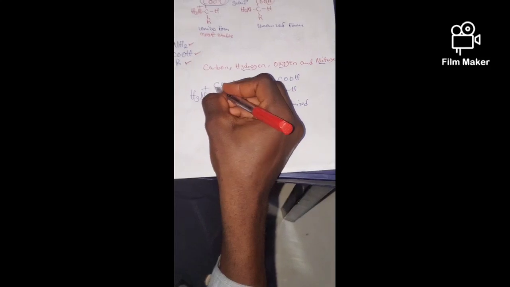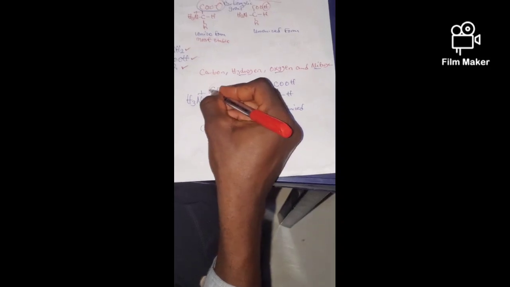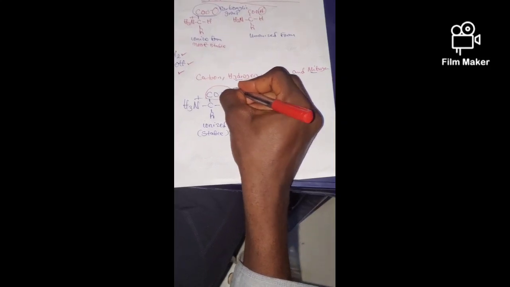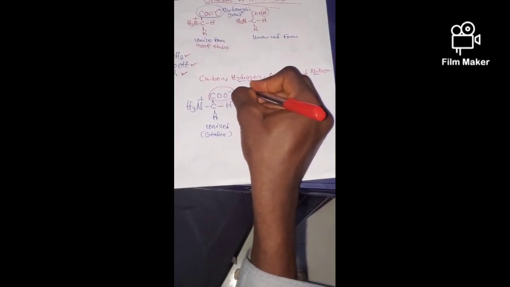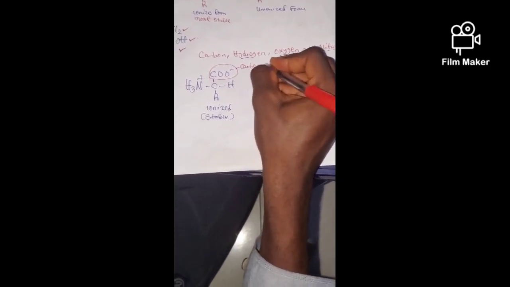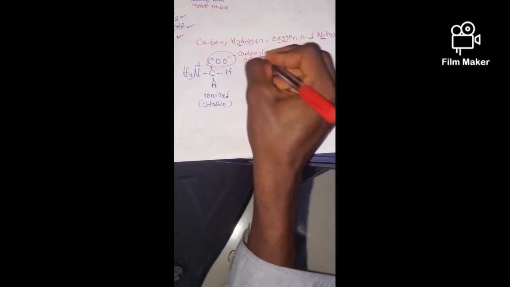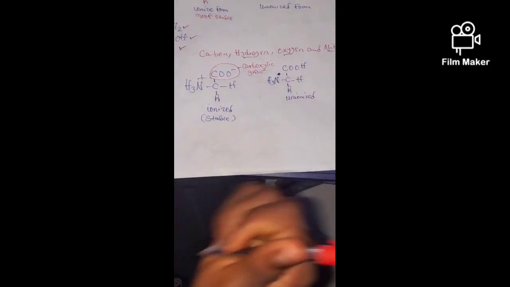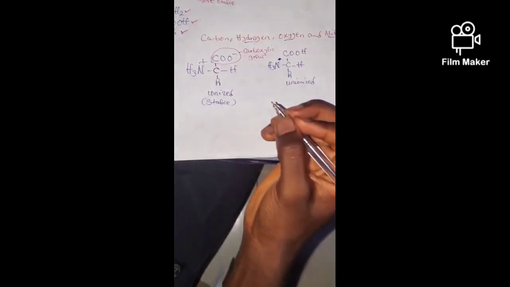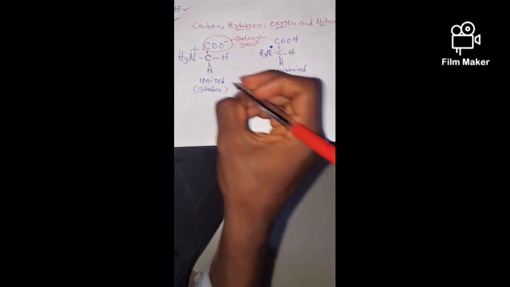The first carbon atom here, the first carbon part of this structure, is what we call the carboxylic group. The first carbon atom is known as the carboxylic group.